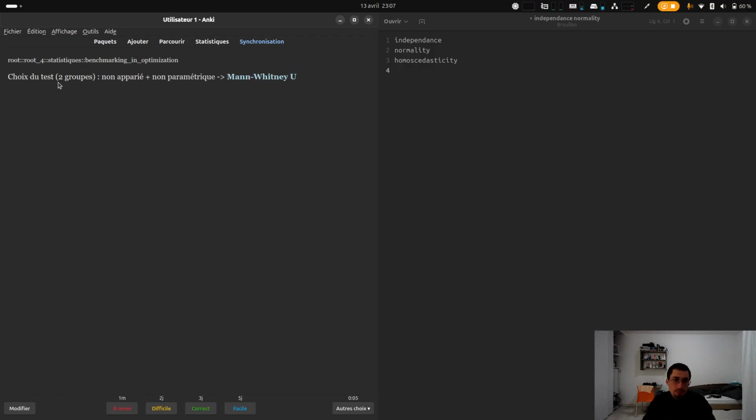Mann-Whitney U. Independence simply means when a run doesn't affect the following run, the data points. CRN are used to add pairing between the data to reduce the variance.